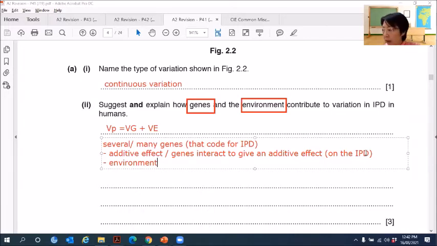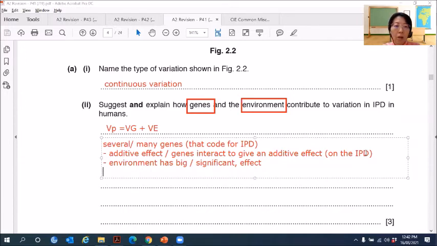So the environment has a big or significant effect on the phenotype, because the environment will affect the gene expression.